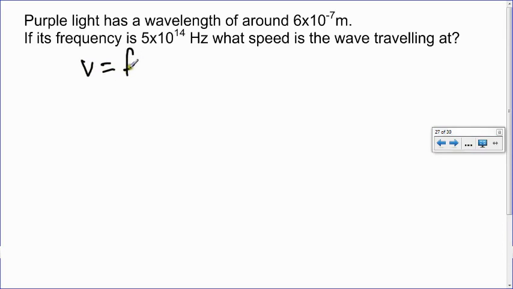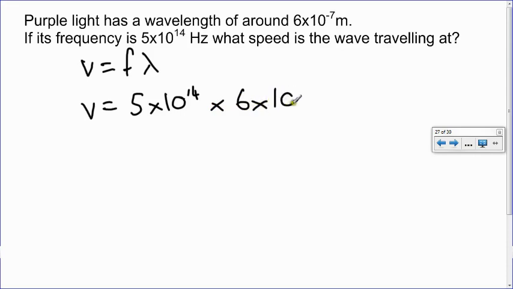So velocity, frequency, times wavelength. And what am I being asked to find? Velocity. I don't need to rearrange. Great. So my frequency is 5 times 10 to the 14. And then what do I need to do? Multiply it by 6 times 10 to the minus 7. I'm showing my substitution here. I get a mark for that, so that's great.